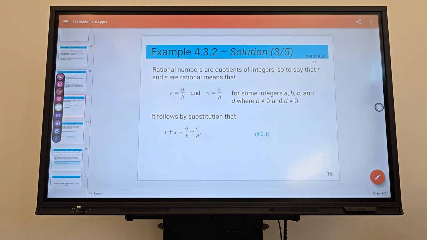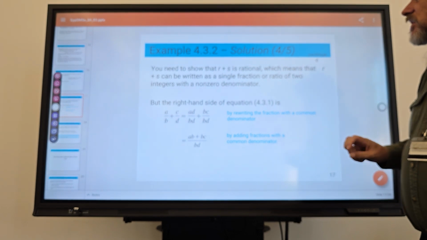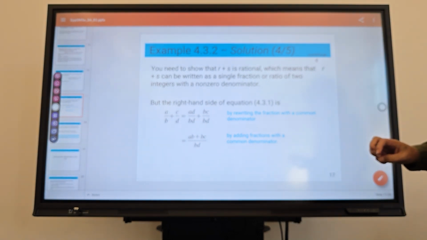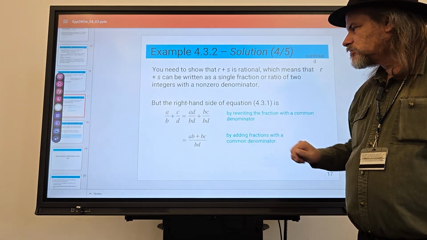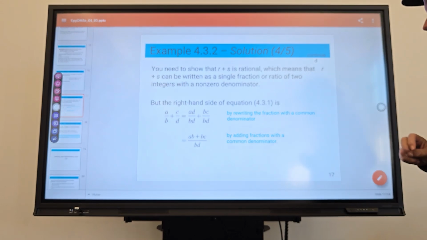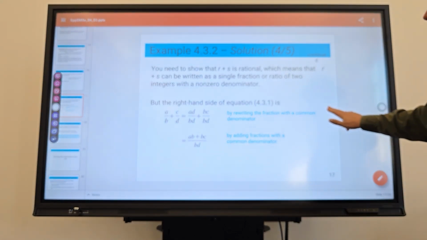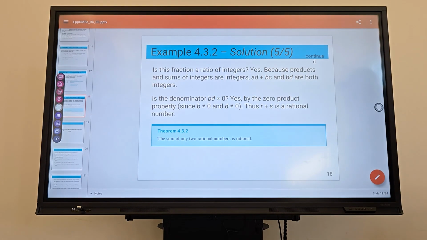Then by substitution you get this here, and then you rewrite the fractions with a common denominator, and then you add fractions with a common denominator, and then this fraction is a ratio of integers, because products and sums of integers are integers.